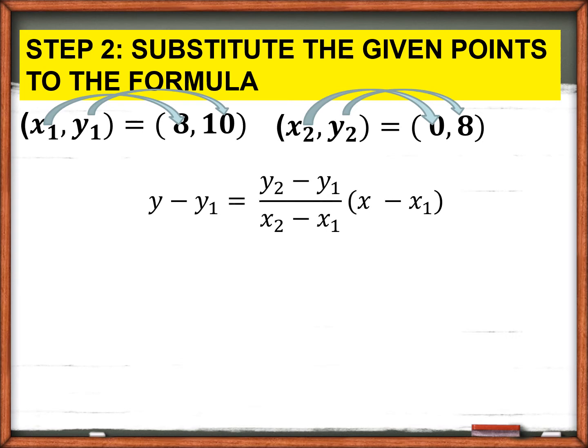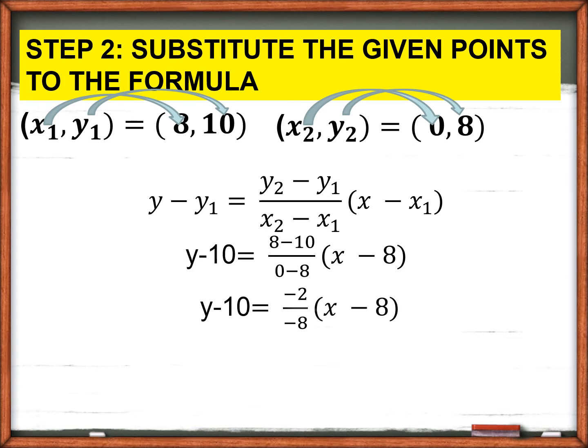The two-point formula is y minus y sub 1 equals y sub 2 minus y sub 1 all over x sub 2 minus x sub 1, quantity x minus x sub 1. Substituting the given points in the two-point formula, we have y minus 10 equals 8 minus 10 all over 0 minus 8, quantity x minus 8.